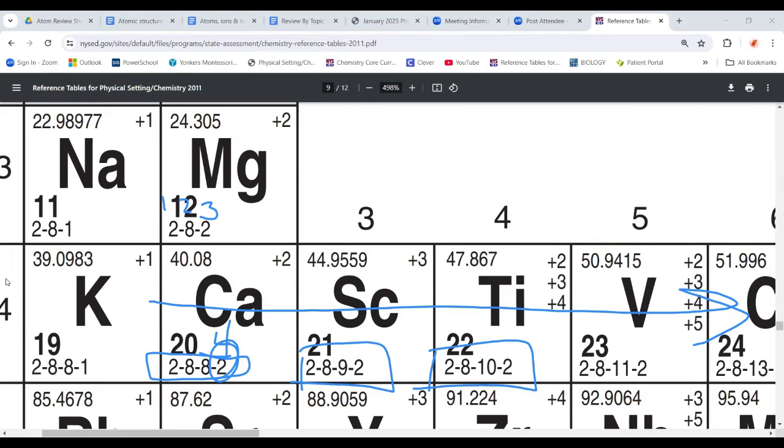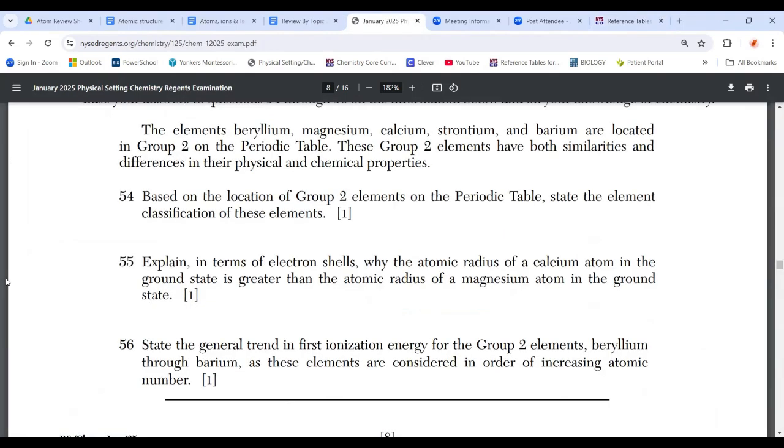All right, so how do I answer this question? Again, this is explain. I said in the part 2 review, explain does not mean you need to come up with your original explanation. You are not an atomic theorist. You're not a physicist that deals with atomic structure. They don't expect you to have your own original explanation.